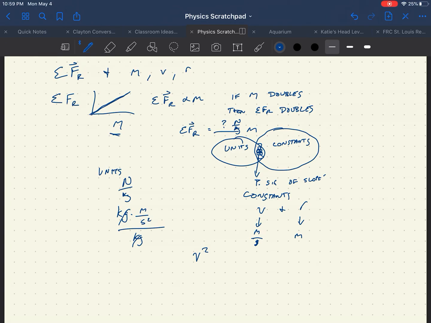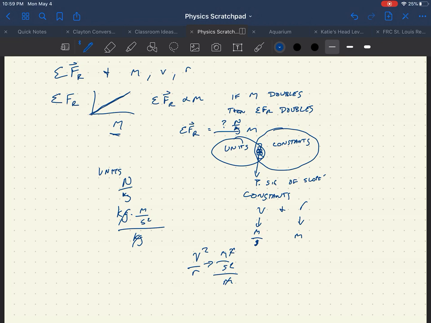And that will give us meters squared per second squared, right? But if we divide by the radius, that gives us meters squared per second squared divided by meters.